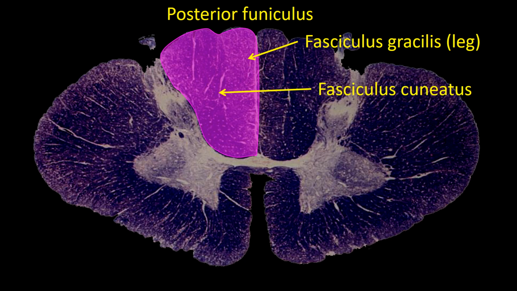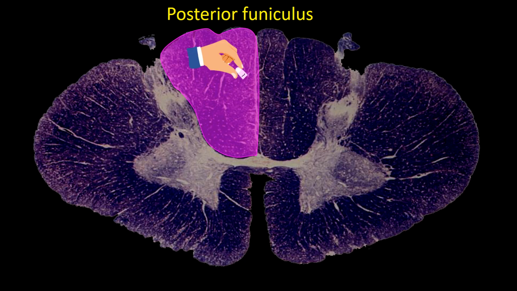And we can also find in the posterior funiculus the cuneatus fascicles, bringing upper body fibers from the ipsilateral dorsal spinal ganglion sensory cell, mainly from the arm. These fasciculi carry position sense and motion sense, vibrations, and soft touch, especially discriminative soft touch.